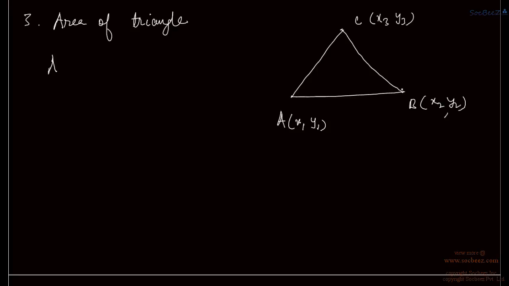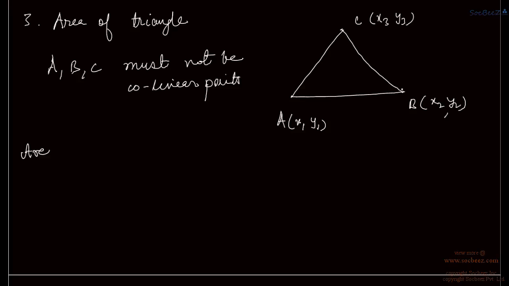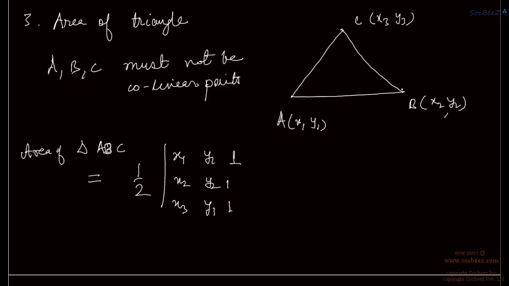A, B, C must not be collinear points. Okay, so we have the area of triangle as, let's denote the area of triangle ABC, is equal to half of the value of the determinant with rows x1 y1 1, x2 y2 1, and x3 y3 1.